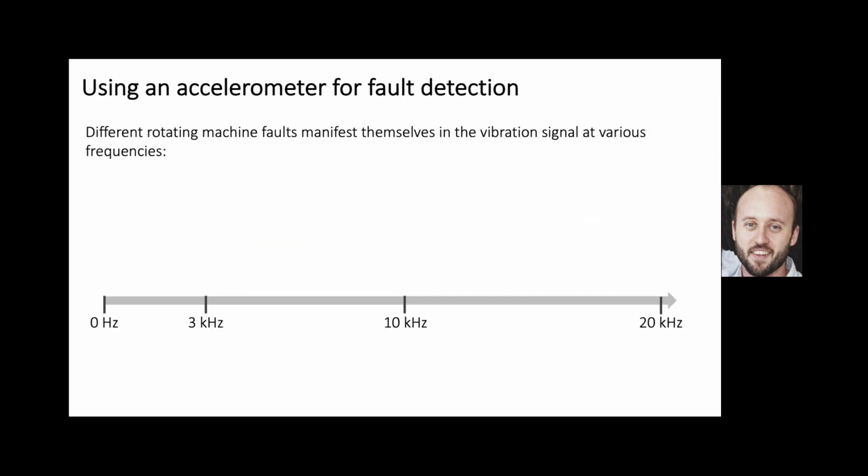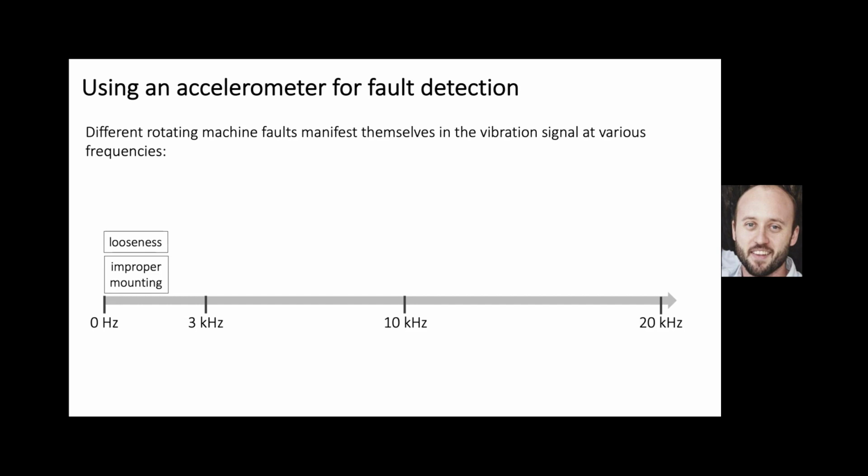So we can expect that we're going to see different rotating machine faults at various frequencies. And this is by no means comprehensive or applying to every scenario, but in general, normally we're going to see certain faults manifest at different frequency levels. So something like looseness or improper mounting, that's usually a lower frequency event.